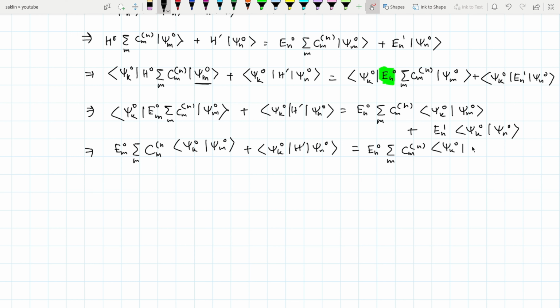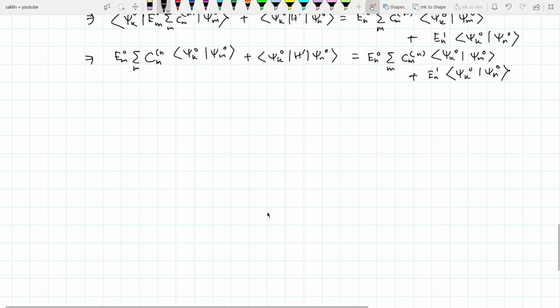This is very important, because if you do not pay attention, there is a very high chance of making mistakes in every term. Now I will consider if k equals m, then what will be the value.